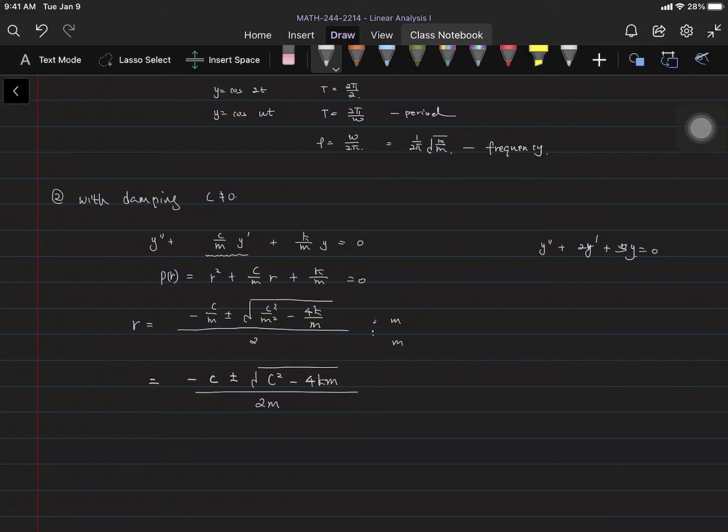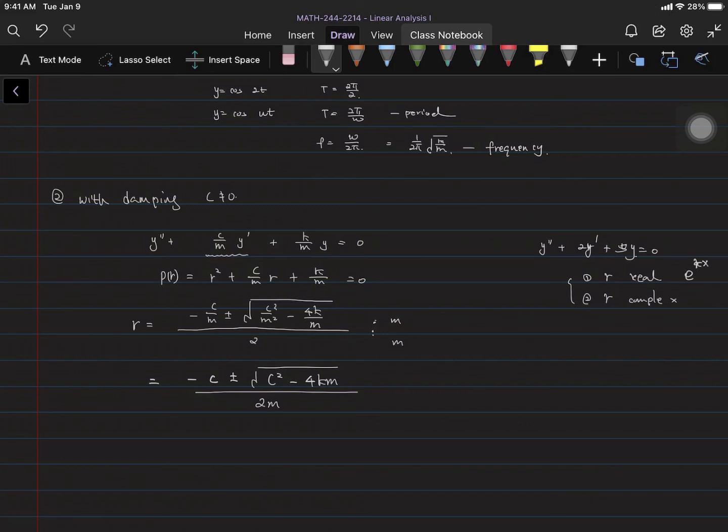Okay, and in this case, when we solve the differential equation, we have two cases. Sometimes R can be real, sometimes R can be complex. When R is real, we just have the e to the Rx solution.